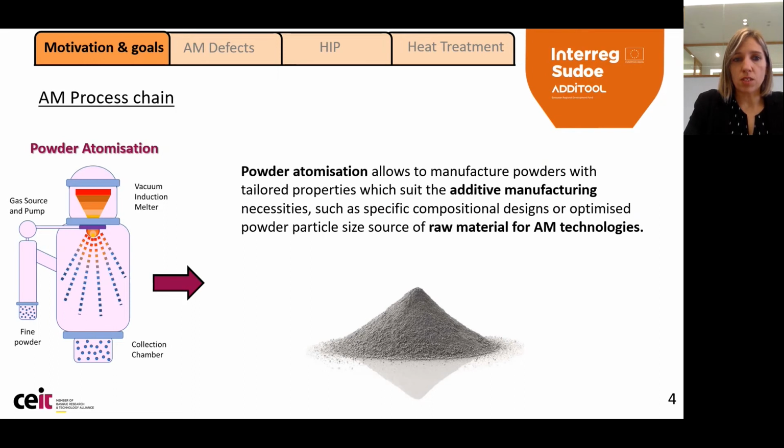In terms of powder atomization, as we have seen, it's possible to manufacture powders with tailored properties, for example, for AM. So we can have specific composition designs or even specific powder particle size distributions. As people that work in AM will know, for each AM technology, we will have an optimal powder size distribution.